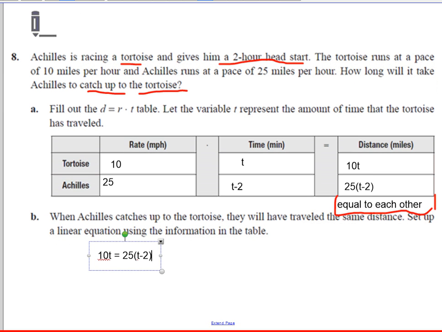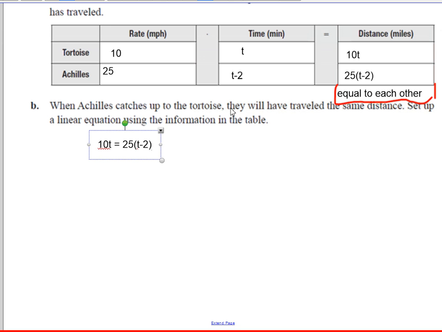Let's again just go ahead and solve it here, and then we'll put our answer in for the next spot. So our first line of business would be to get rid of our parentheses by distributing. And so when we do that, we will get 10t equals 25t minus 50. Okay. So now we have to move all of the t's to one side and anything that's not a t to the other.